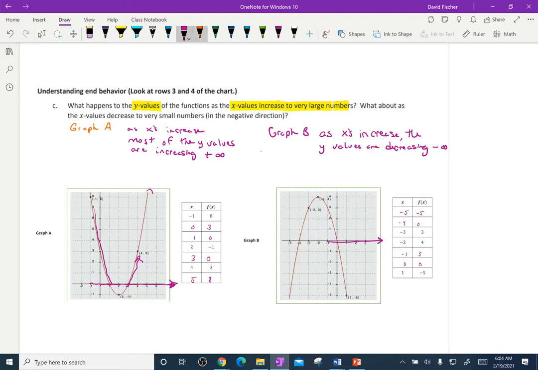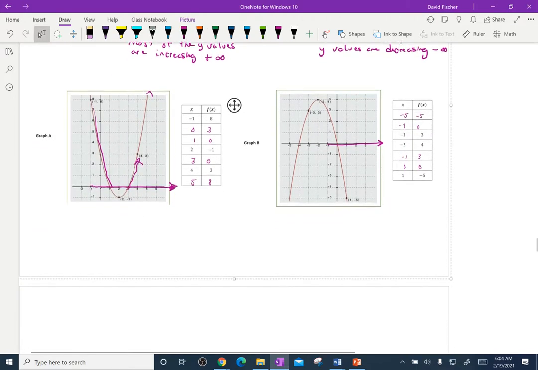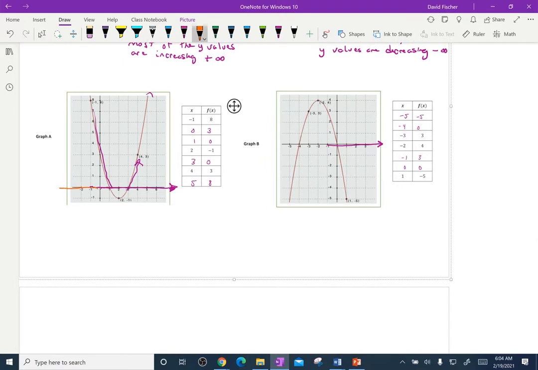Okay, let's go to the second part. What about as the x values decrease to a very small number in the negative direction? So if I start looking this way, my x's, as I'm going this way, they're decreasing. -2 is smaller than -1, and -3 is smaller than -2.